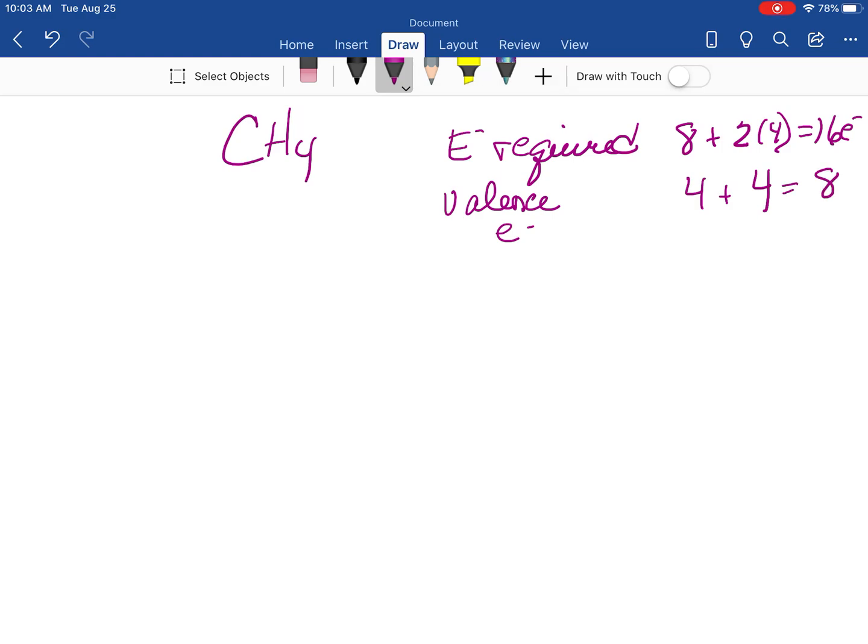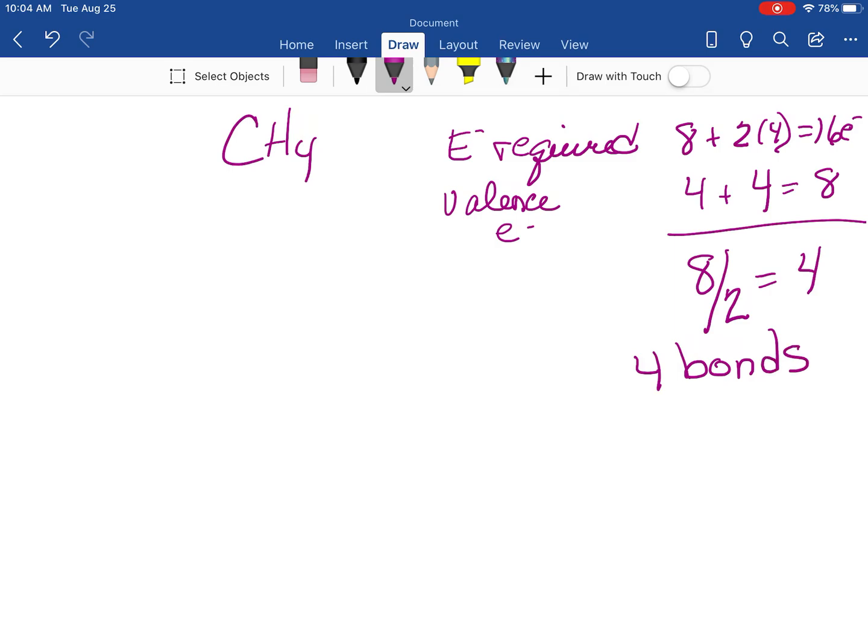So 4 plus 4 is 8. I'm now going to take the 16 minus the 8, and I'm going to get 8. I'm going to divide that by 2 because there are 2 electrons in every single bond, and 8 divided by 2 is 4. So from that, I know that I have to have 4 bonds in my Lewis structure.